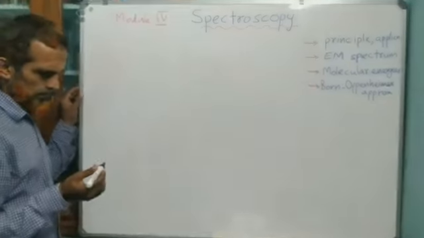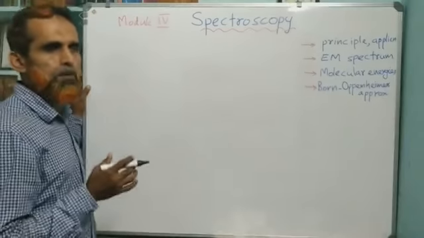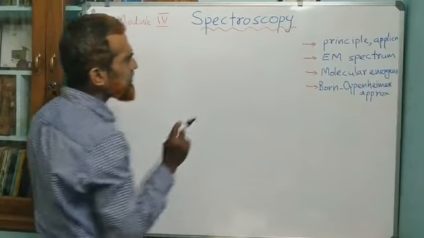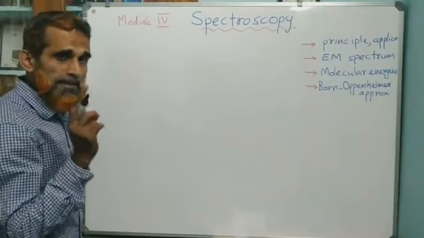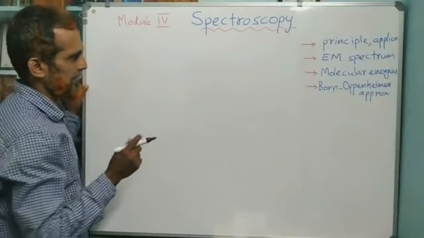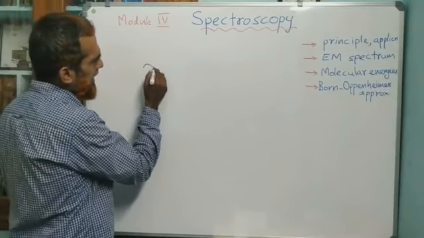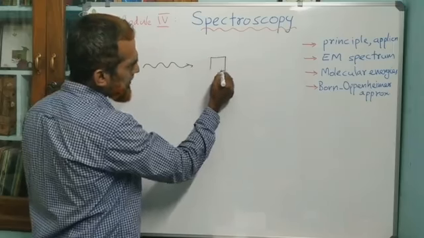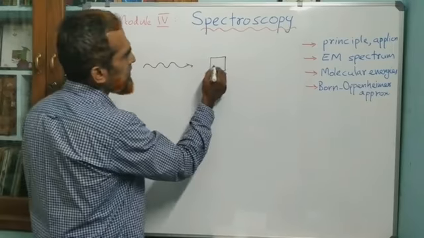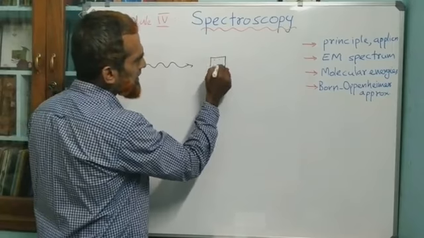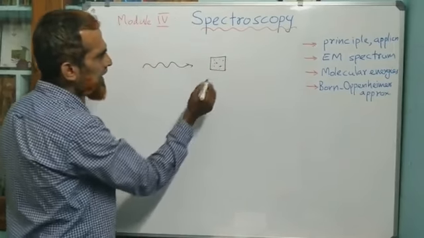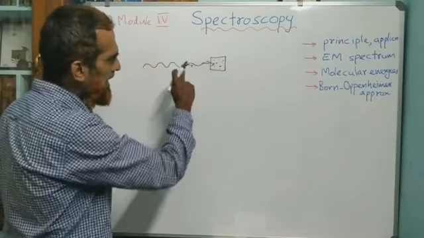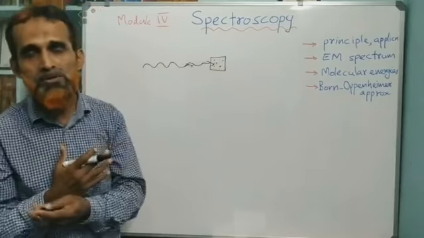First of all, what is the principle of any type of spectroscopy? As I said, spectroscopy involves interaction of radiation with matter. An electromagnetic radiation may interact with matter or molecules. We take some molecules in this vessel, suppose, and radiation is allowed to fall on it, and this radiation interacts with the molecules.